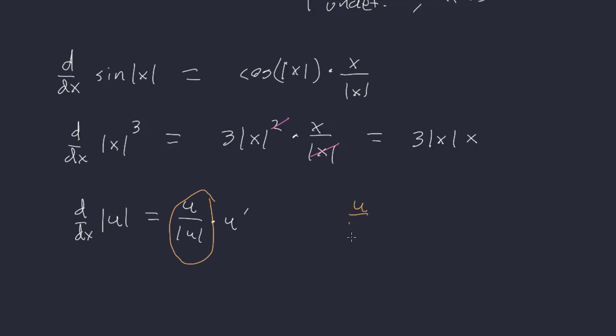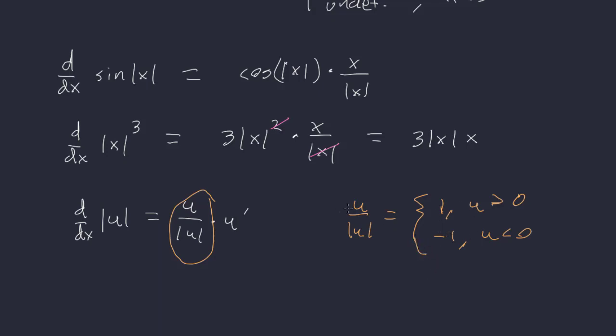The u over absolute value of u is basically going to give us 1 whenever u is greater than 0. So whenever u is positive, it's going to give us a positive 1, and a negative 1 whenever u is negative, and of course it will be undefined whenever u is 0.